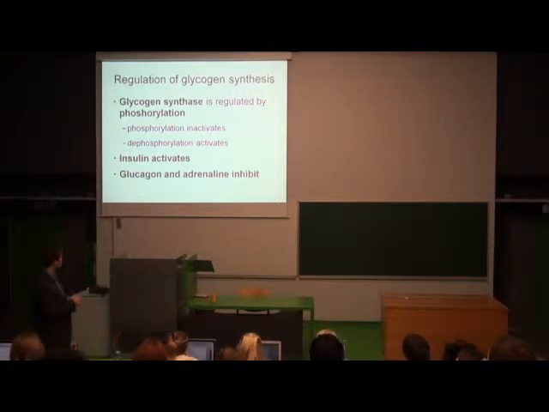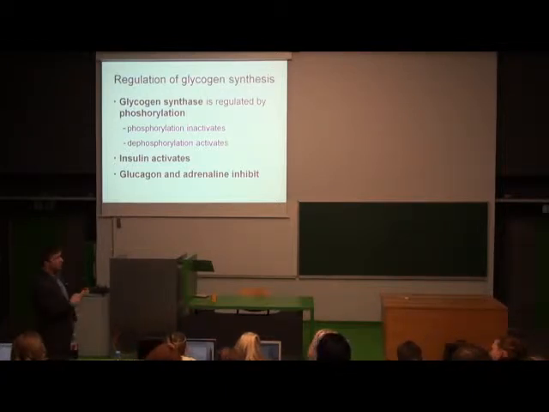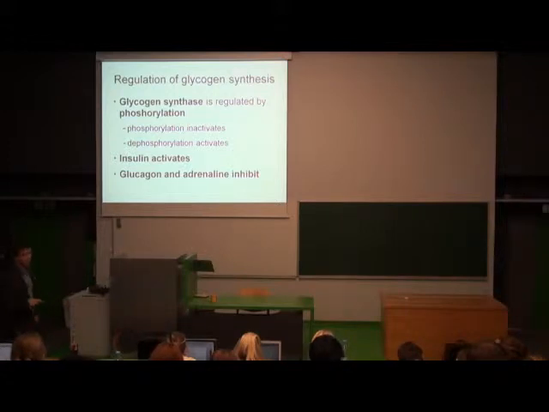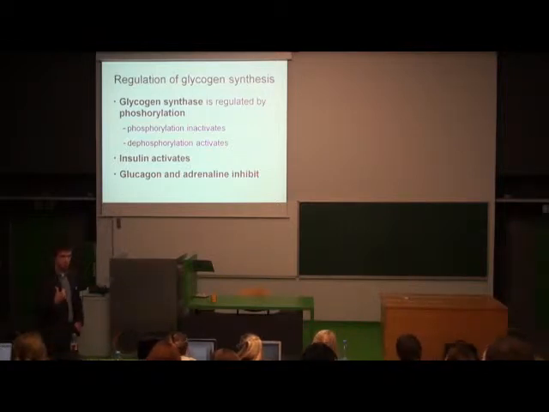Insulin in the cell activates dephosphorylation, and therefore it activates glycogen synthase. Counter-regulatory hormones, on the other hand, activate phosphorylation, and therefore they inactivate glycogen synthase. Why insulin activates dephosphorylation and glucagon phosphorylation, we will speak about next week, during the lecture about regulation.